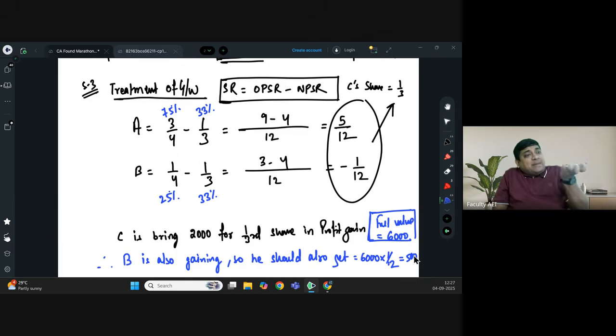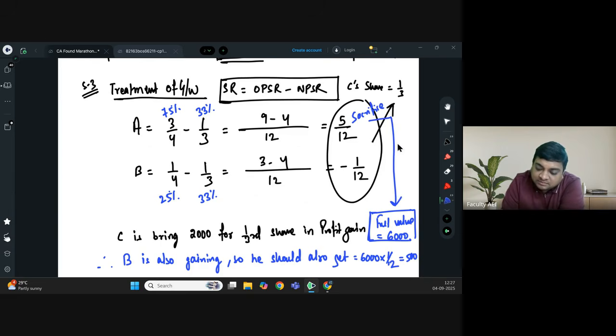But this happens. This is an existing partner. So he will pay from his capital. How is it a sacrifice? This is the sacrifice, 5 by 12. So it is coming 2,500, but C is getting 2,000. So B will give him 500.